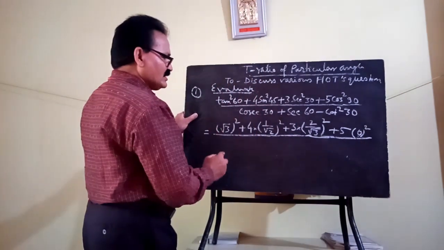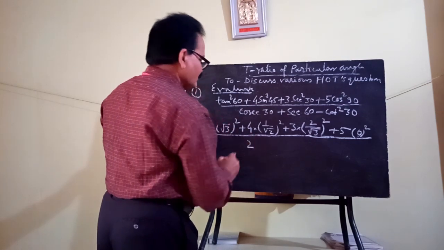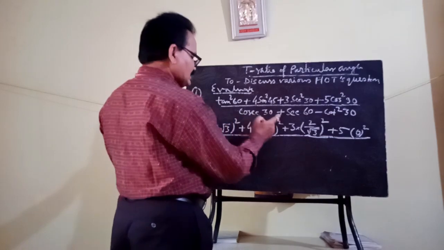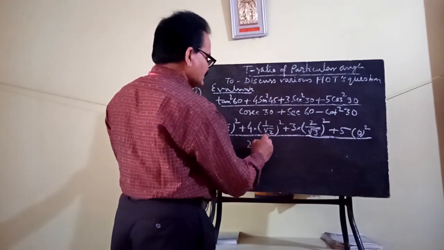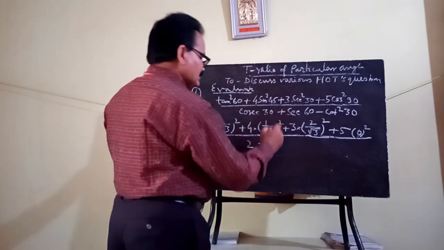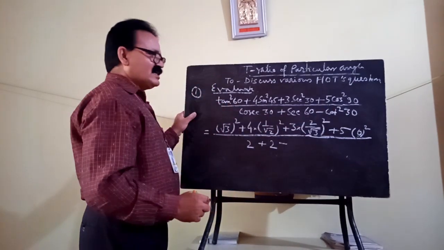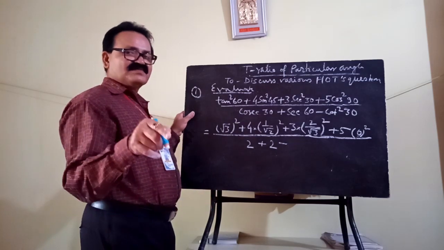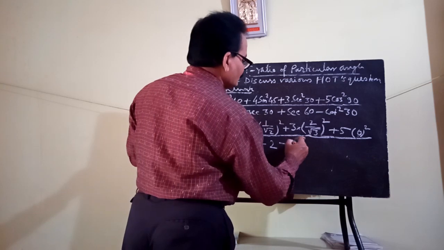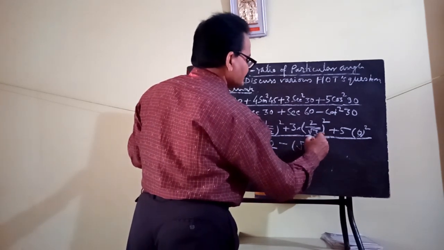Now in the denominator, cosec 30 is 2, because the reciprocal of sin 30, which is half, is 2. Plus sec 60. Cos 60 is half, so sec 60 is also 2. Minus, you know, cot 30 is the reciprocal of tan 30, that means cot 30 is root 3, so this is root 3 whole square.